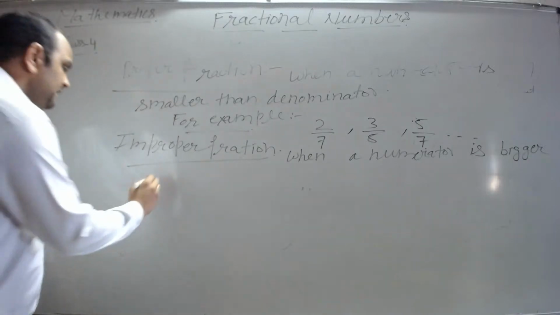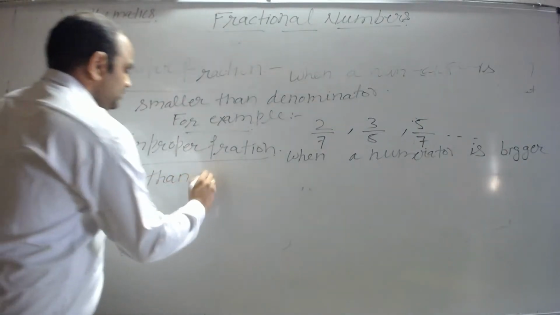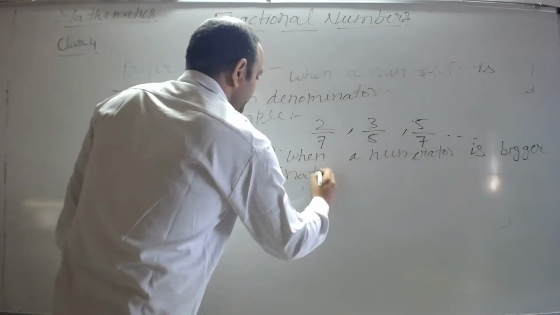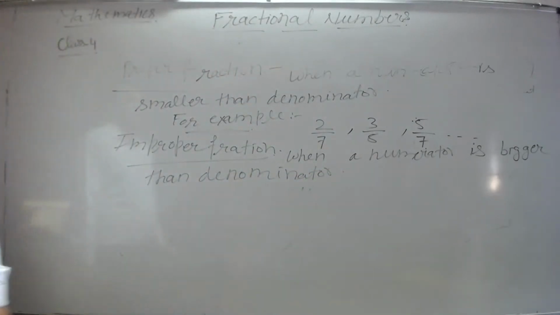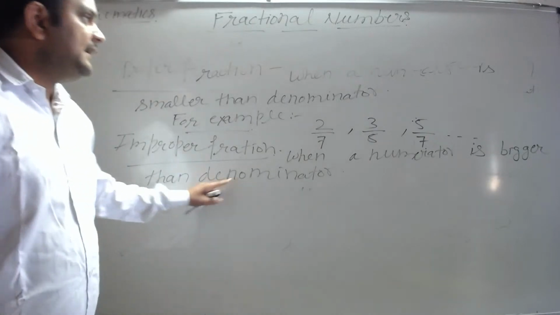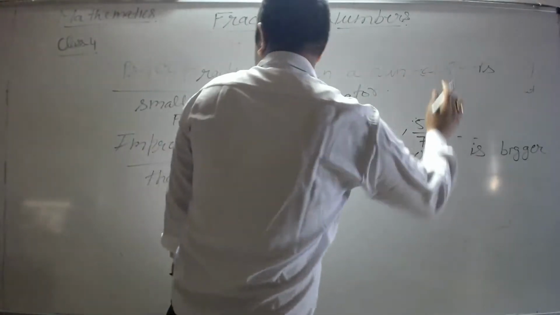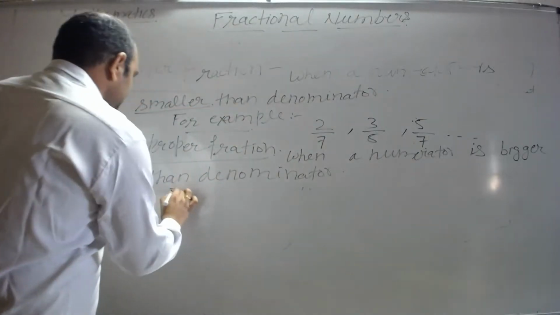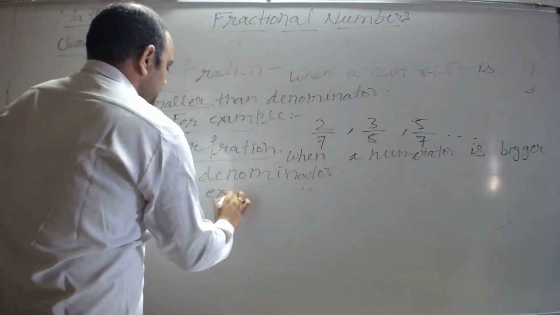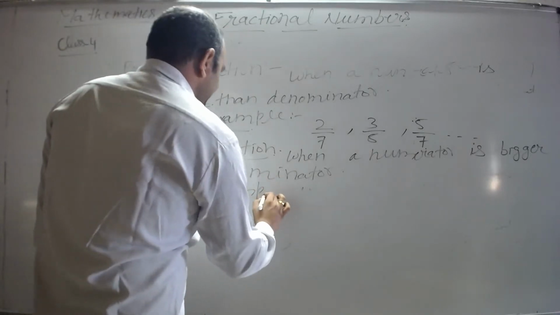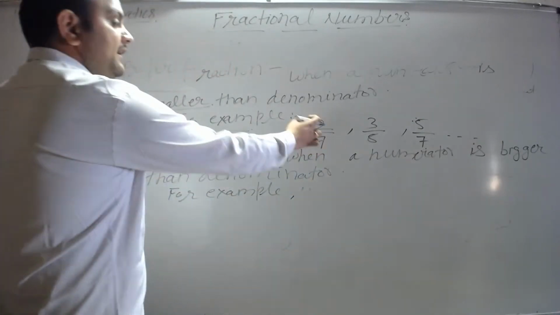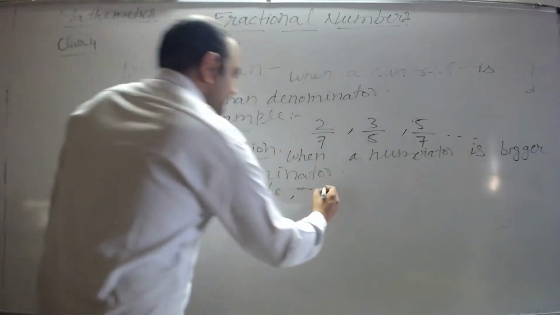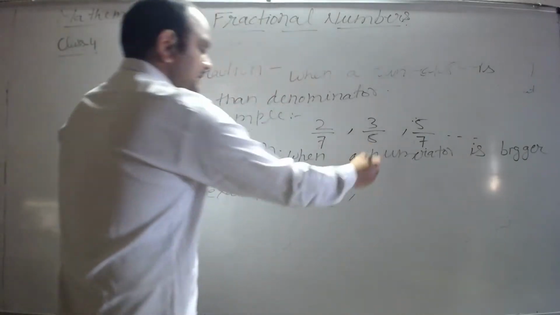When the numerator is bigger than the denominator, that will be an improper fraction, whereas in a proper fraction the numerator is smaller than the denominator. For example, the opposite of the proper fraction 2 by 7 is 7 by 2, so that is an improper fraction, and here 8 by 3.